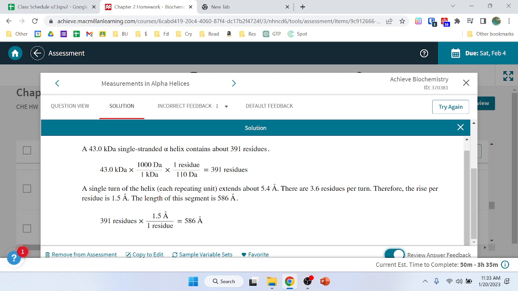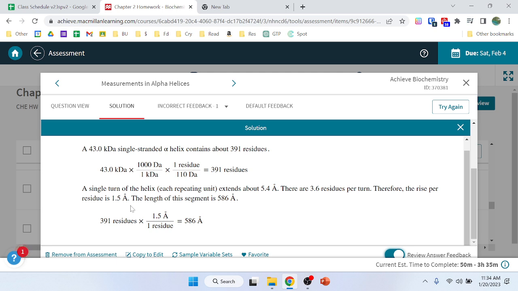All right. So the rise per residue would actually be 1.5 angstroms, if you're curious. And that's just taking these two numbers here. 5.4 divided by 3.6 would give you your 1.5 angstrom per residue rise.